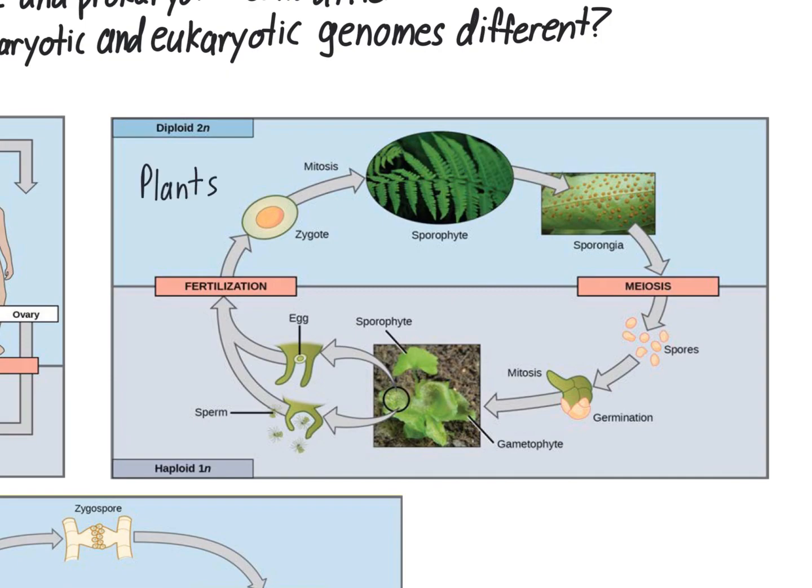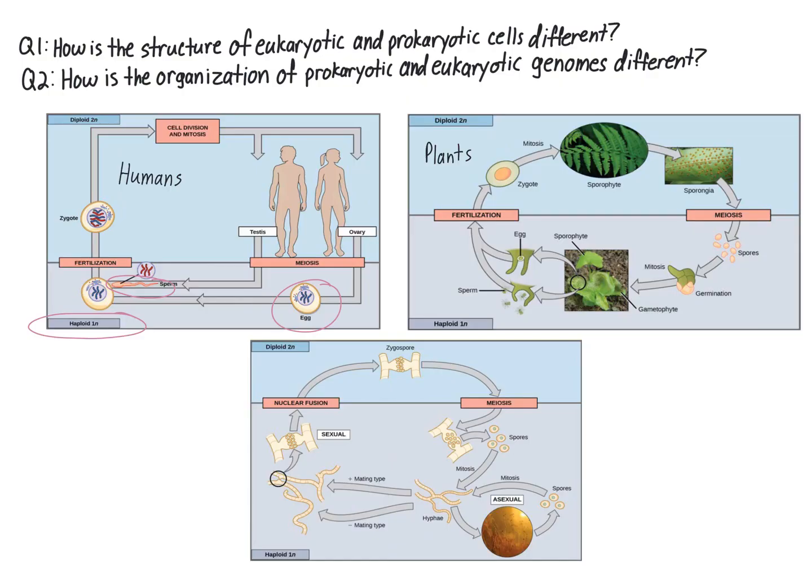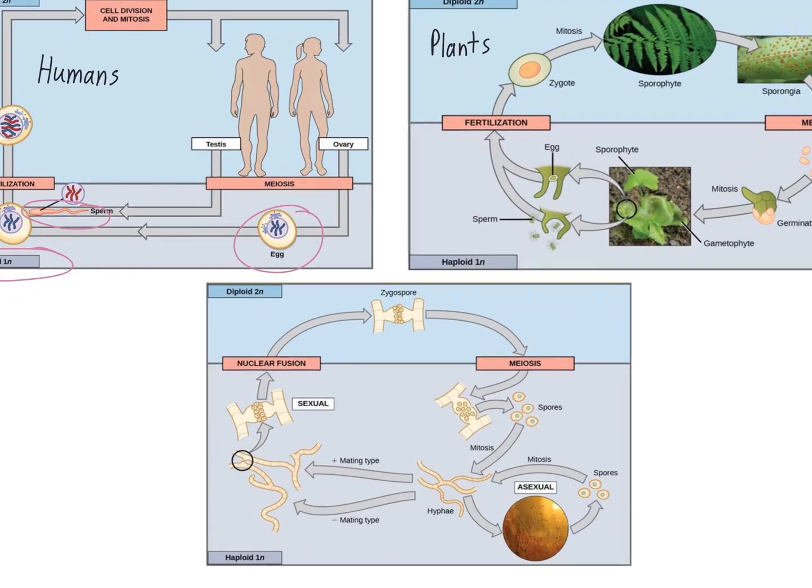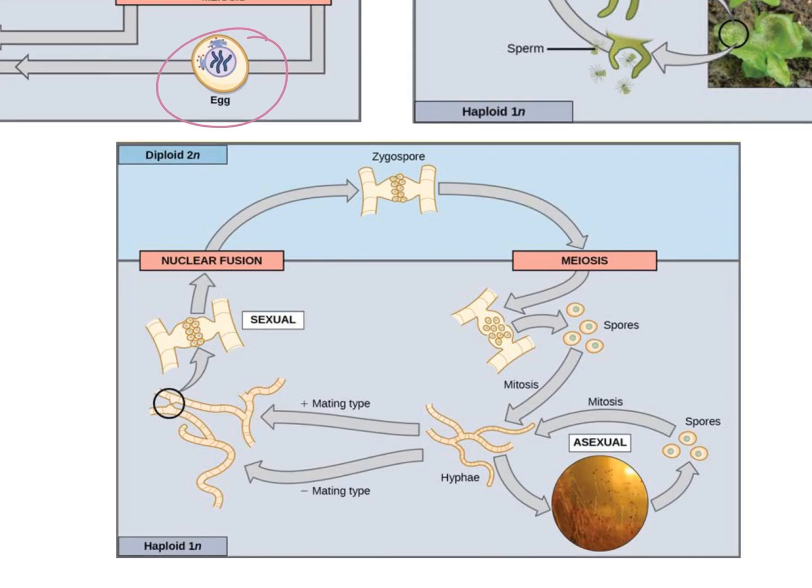In plants, the products of meiosis are haploid spores, which then divide to form a haploid gametophyte, which produces the haploid sperm and egg. In fungi, most of the life cycle is haploid, with the zygospore being diploid.